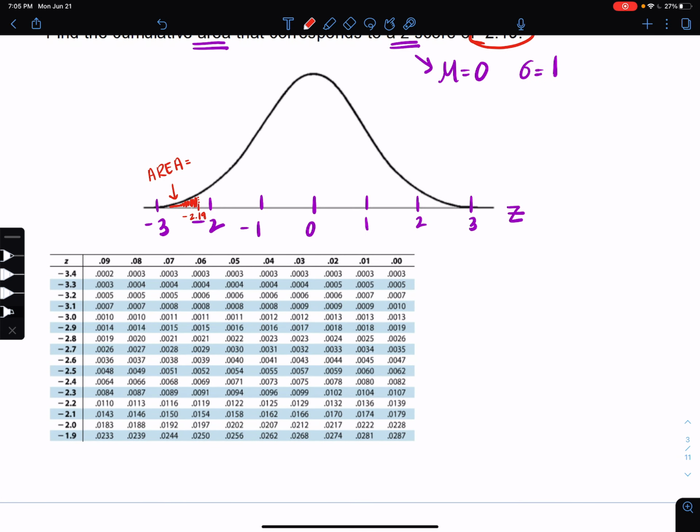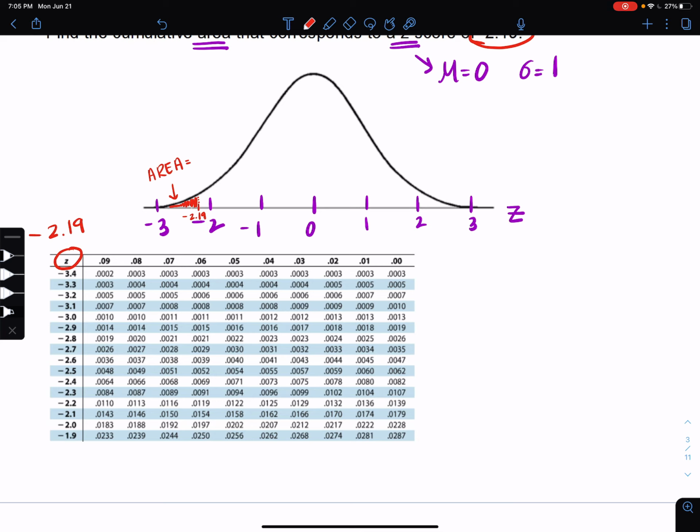Now, I showed you the whole table. I've just got a little clip of it here, but you can refer to your table. It's the same information. What I'm going to do is look up the z-score using the outer edges of the table. My z-score is negative 2.19. This table puts z-scores in the left-hand column and across the top.